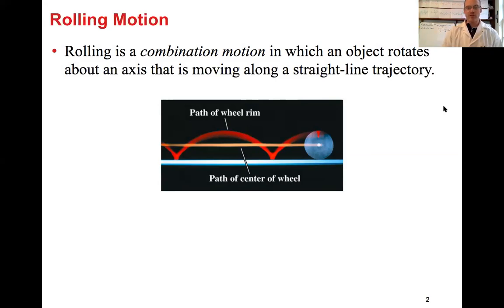So it's kind of two things happening at the same time, because you have a rotation and you also have a straight line velocity. If you look at the center of mass, you can see that the center of mass is moving ahead in a normal velocity v. But if you look at an outside edge, then it's going to be following a parabolic type of motion.